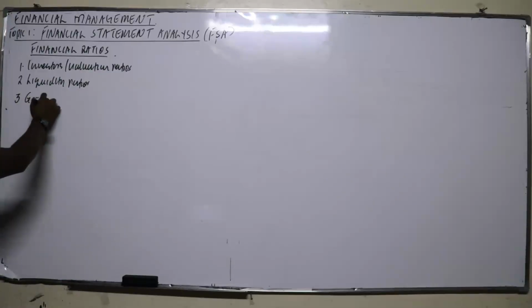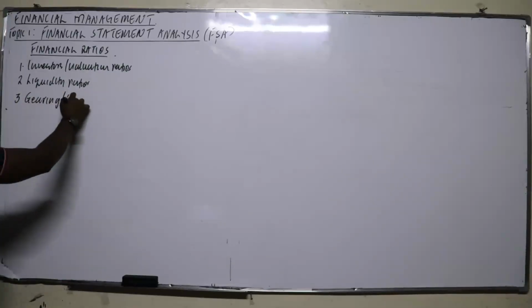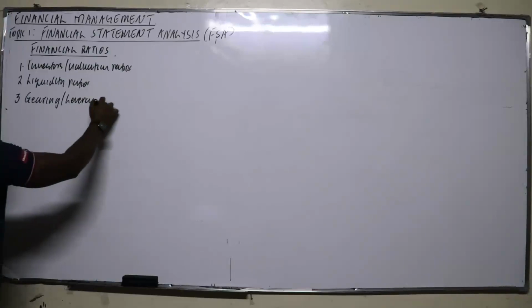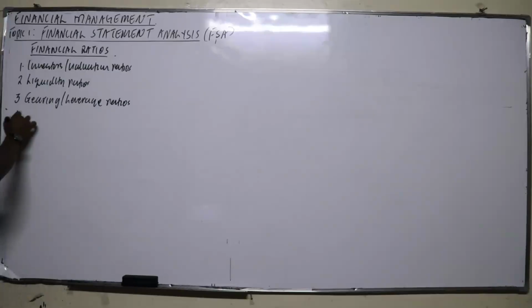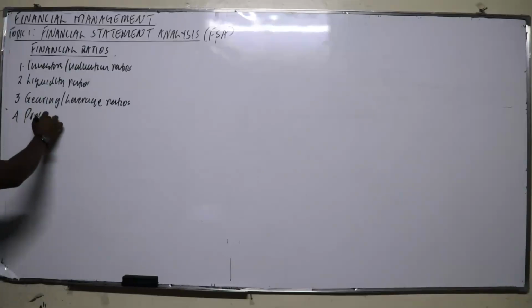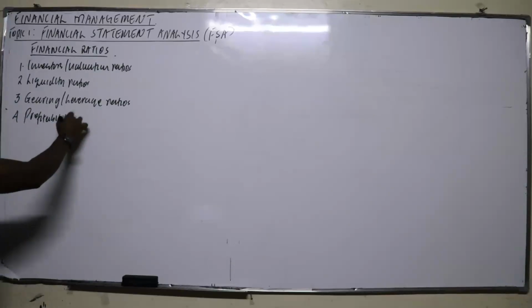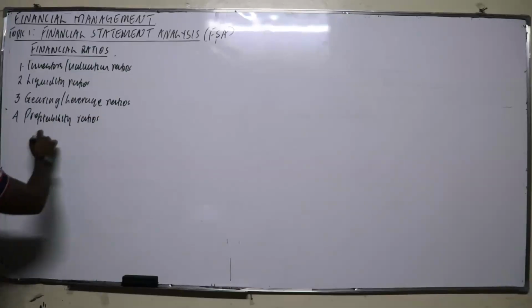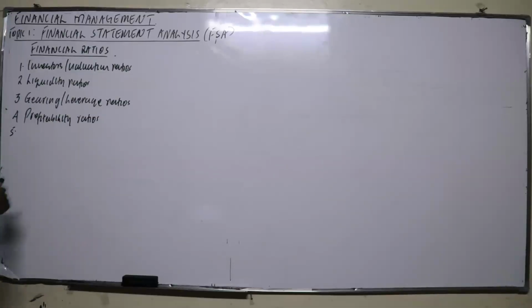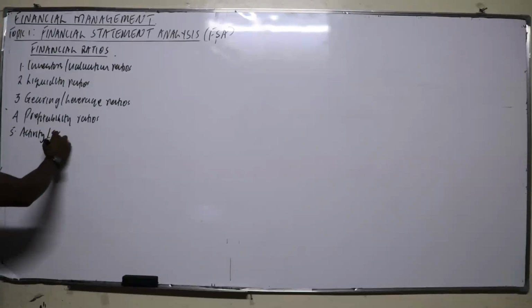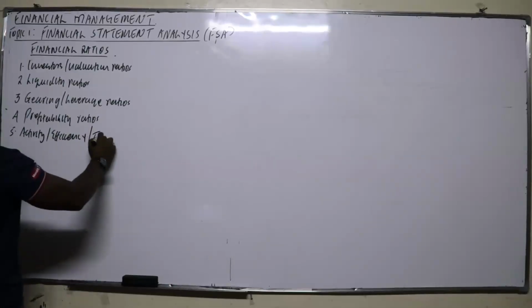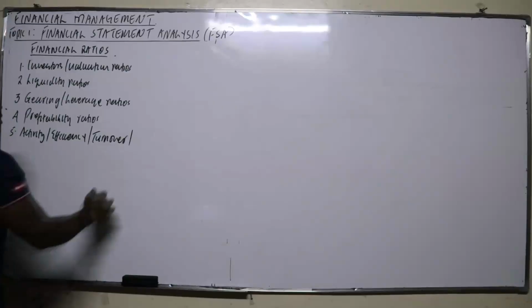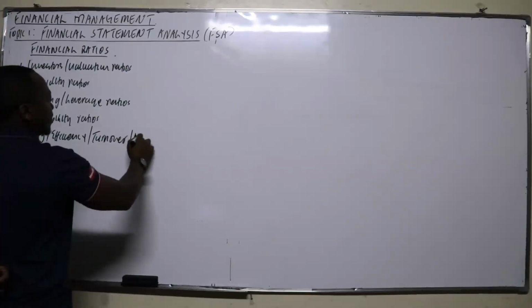Number three, we have gearing or leverage ratios. Number four, we have profitability ratios. And lastly, number five, we have what we call the activity or efficiency ratios, or turnover ratios, also known as asset utilization ratios.